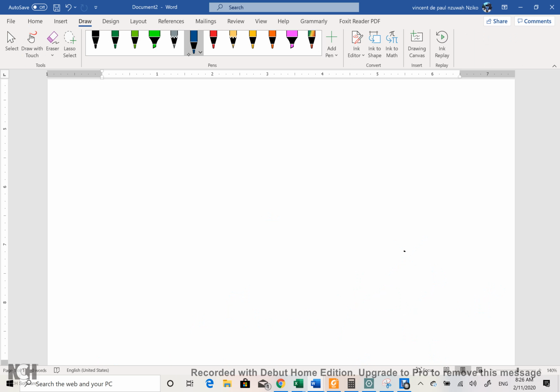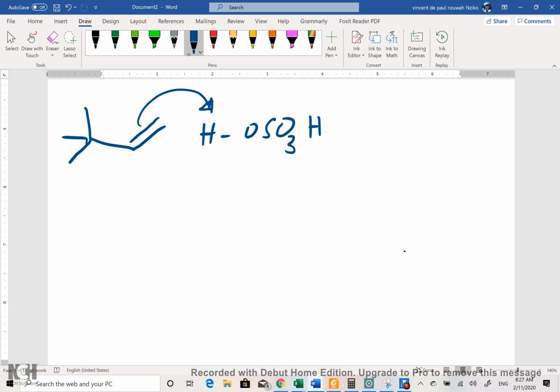Okay, so this is a problem. And we are reacting it with our acids. First step is formation of the carbocation. So this goes there and that goes there. So when you have that, you now generate this.